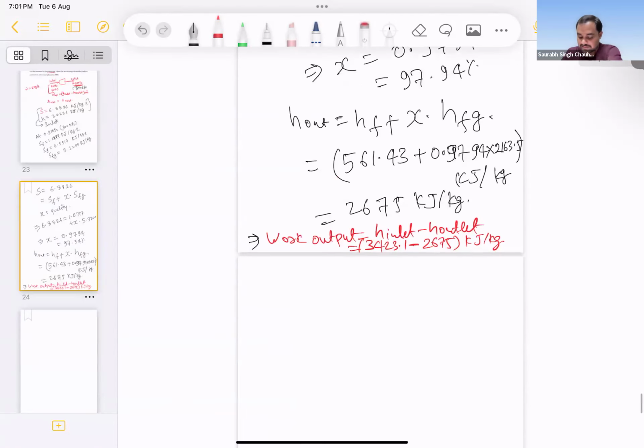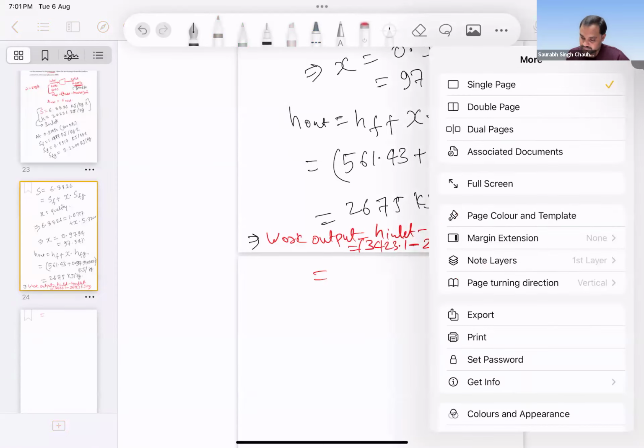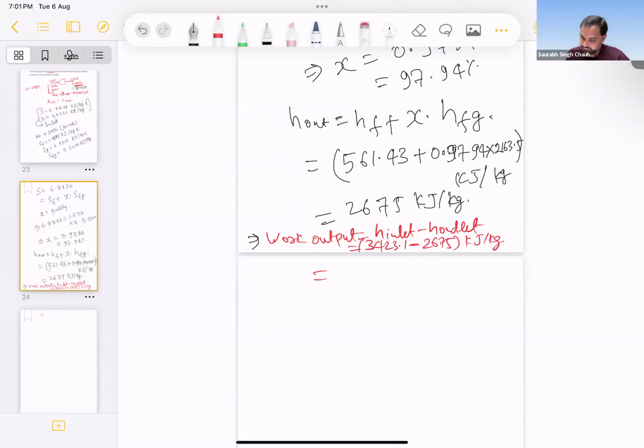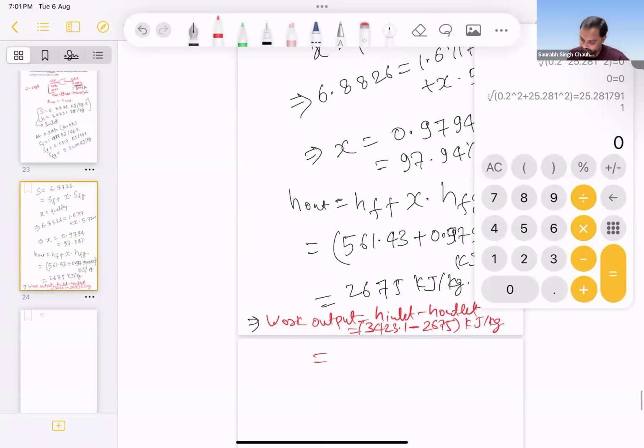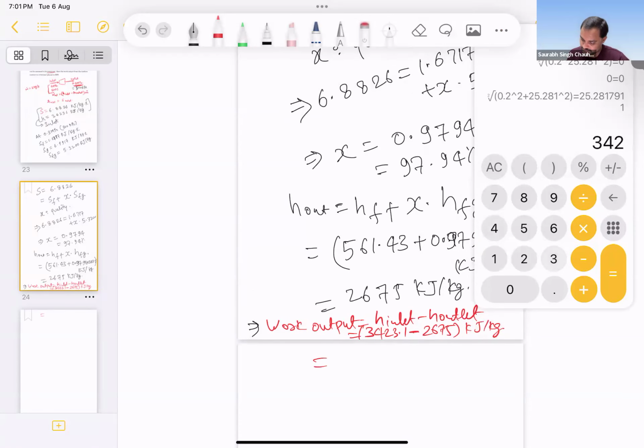You can calculate this, and it is coming 748.1 kilojoule per kg.